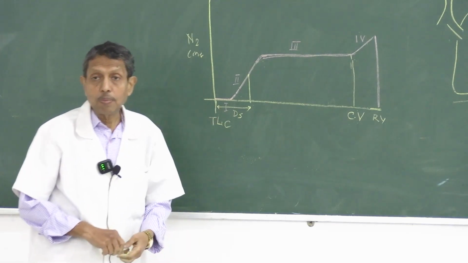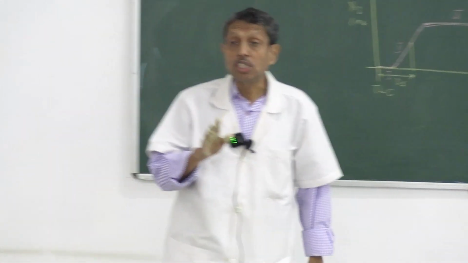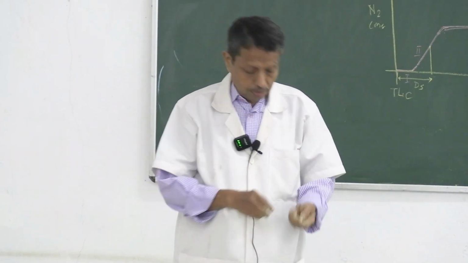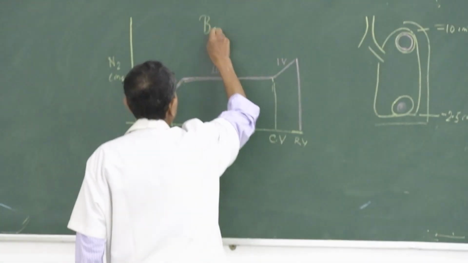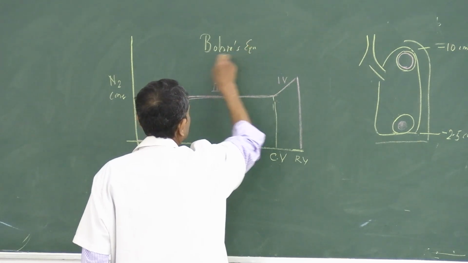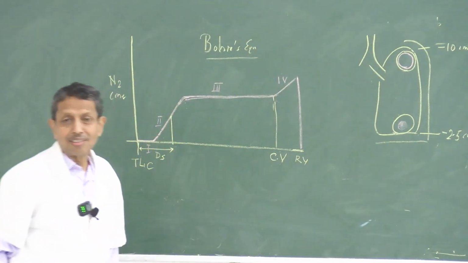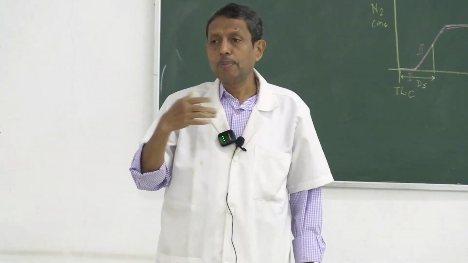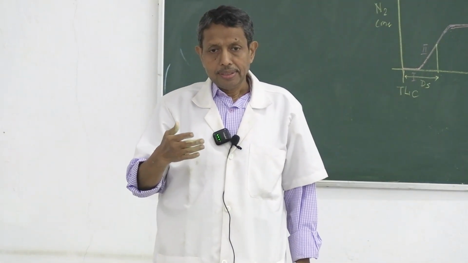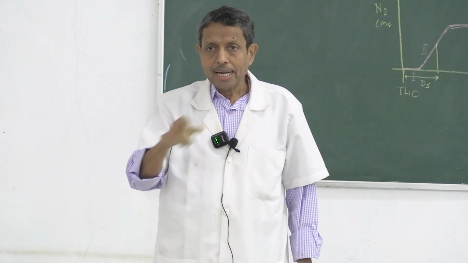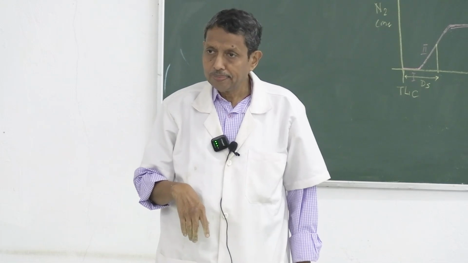Physiological dead space can be calculated by Bohr's equation. Time is short. Normally, when we are expiring, expired air is a mixture of dead space air and pure alveolar air.